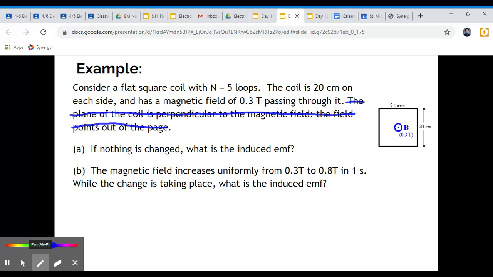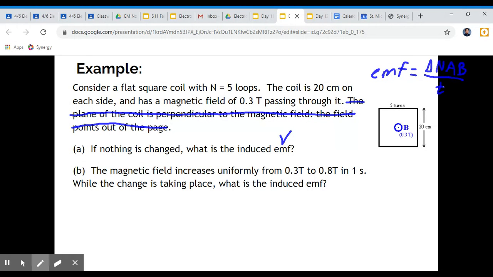Okay. So what we have here is the first question says, if nothing is changed, what is the induced EMF? Or basically it's asking, what is the voltage induced? Okay, well, if nothing is changing, remember our equation was EMF is equal to a change in number of turns, area, or field divided by our time.